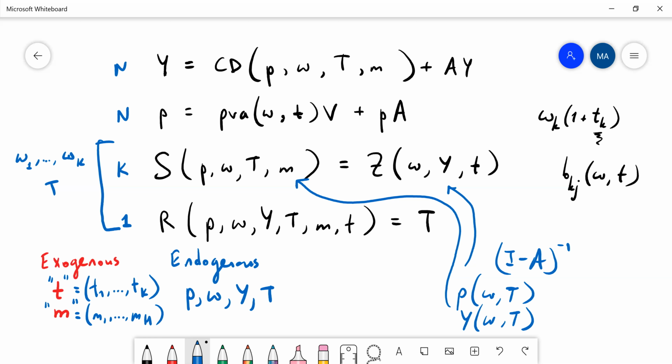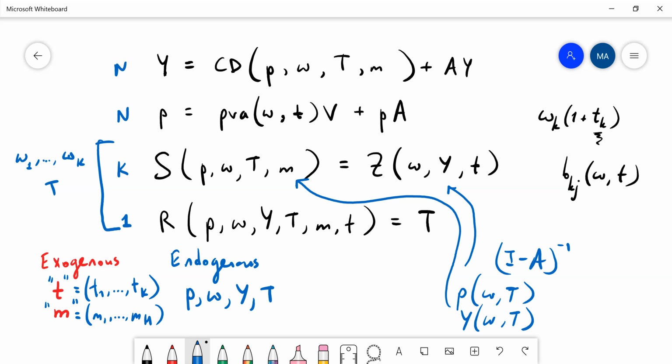If you want to get the real sense of it, you can actually solve the model from the very beginning. Okay? Remember our chapter 3 solutions? We solved each and every problem by hand. Remember, we found conditional factor demands, we found price of value added, we found BKJ, etc., etc. You can actually do that with M and T in the model.